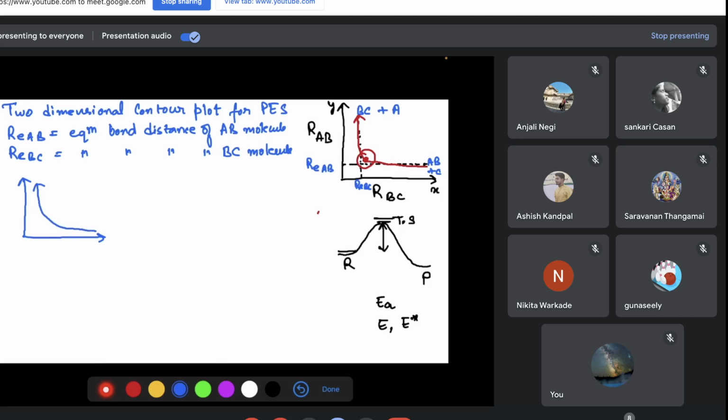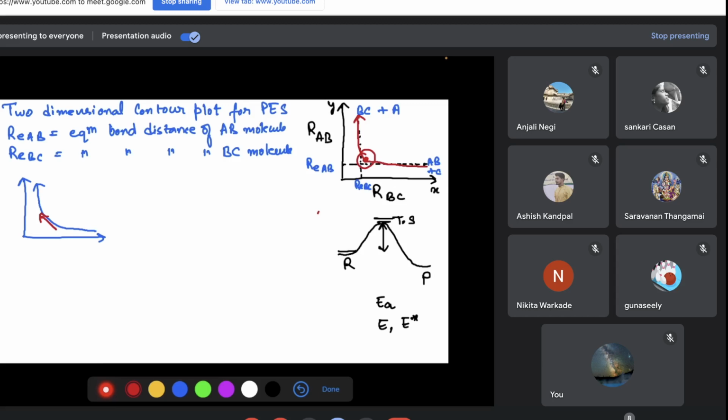To cross the barrier, the kind of motion that we have is that the reaction is moving diagonally, okay.